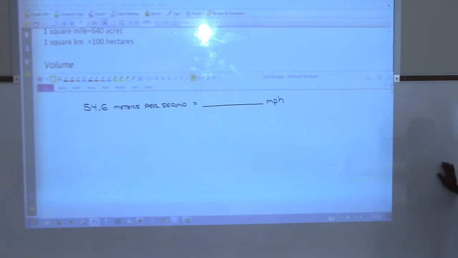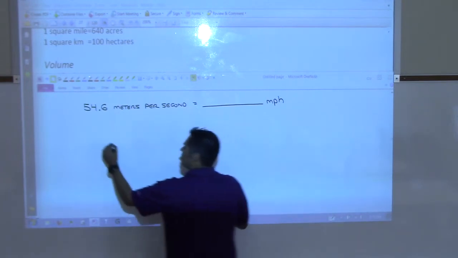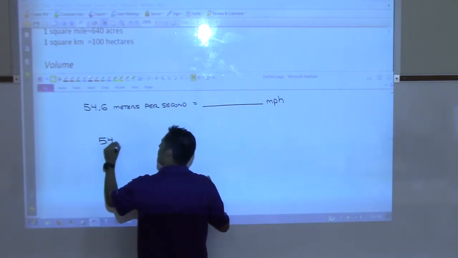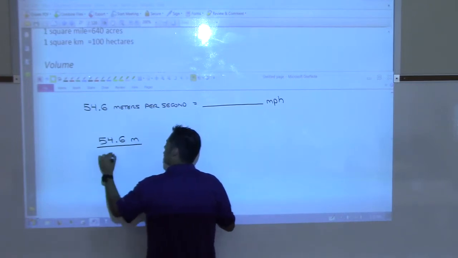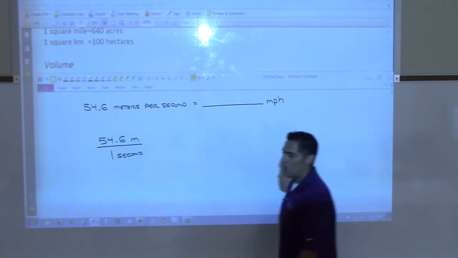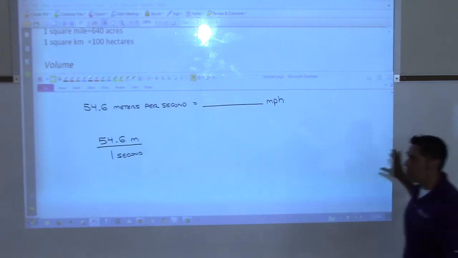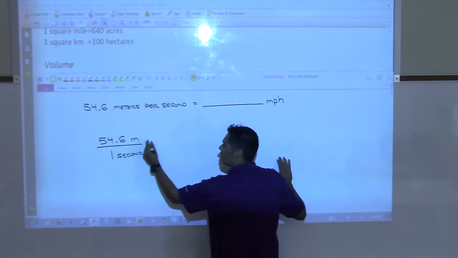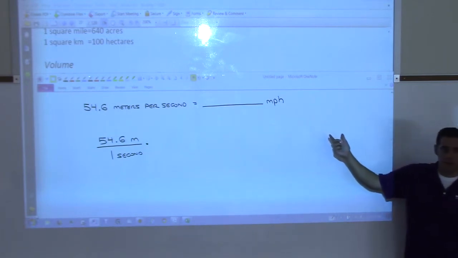Well, the first thing we have to understand here is that when you say meters per second, this already is giving you a proportion. It is giving you 54.6 meters for every 1 second. And what we need to do is multiply this by proportions that are going to get rid of the meters, turn them into what?